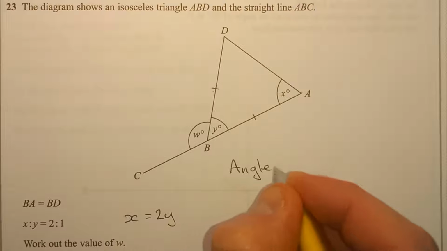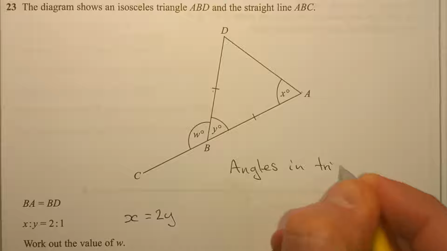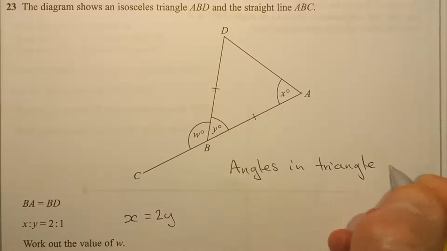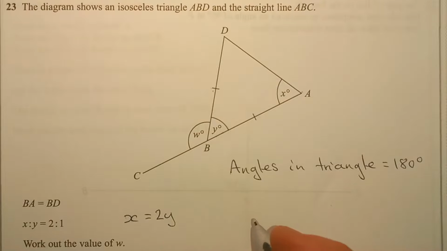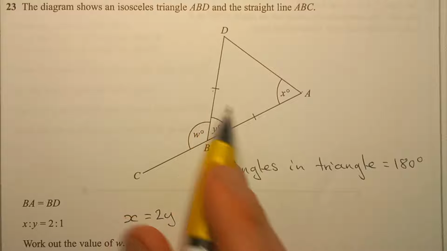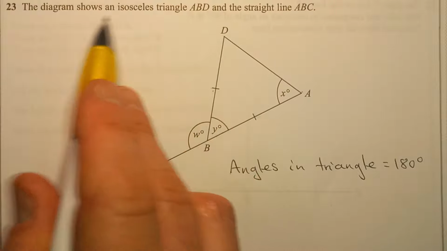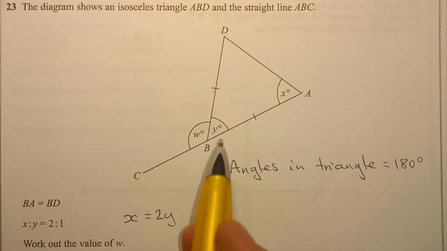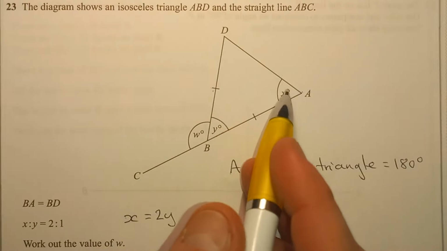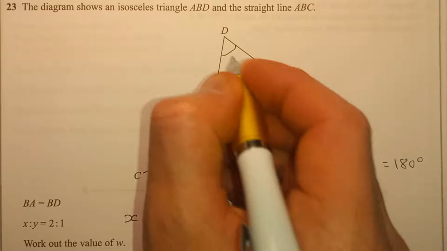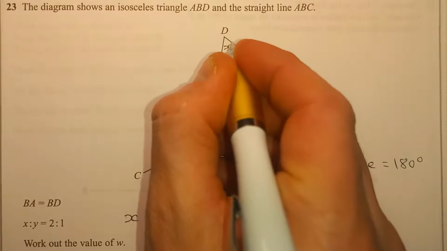I know that angles in a triangle add up to 180 degrees. So what angles have we got? First of all, we know this is an isosceles triangle, they've told us. So that means two of the angles are the same. If these two lengths are the same, then it's these two which will be the same. So that's also going to be x degrees.